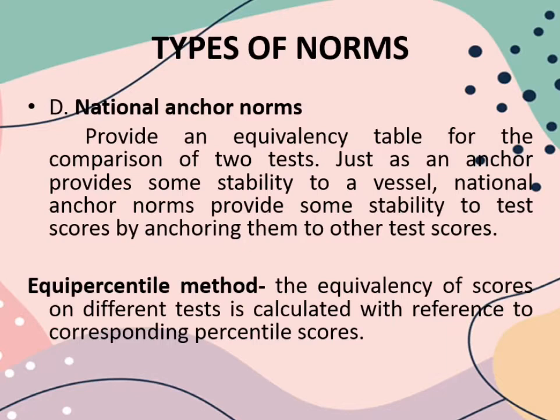Note that the person who took the BRT test is the same person who took the XYZ test, so that an equivalency table can be made out of the basic data.